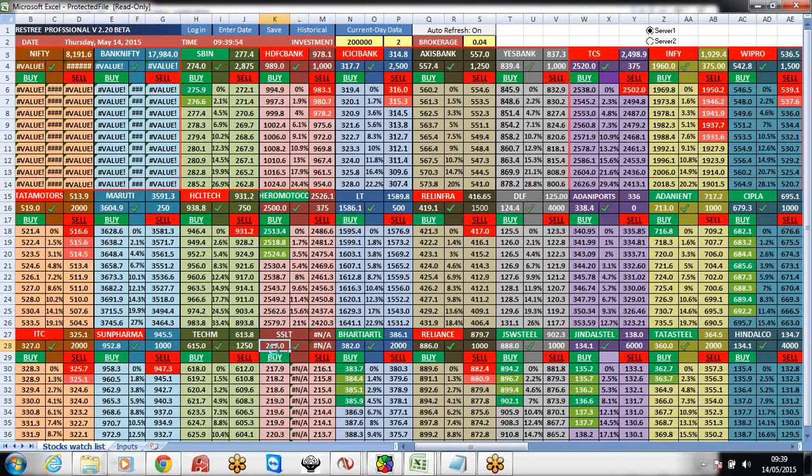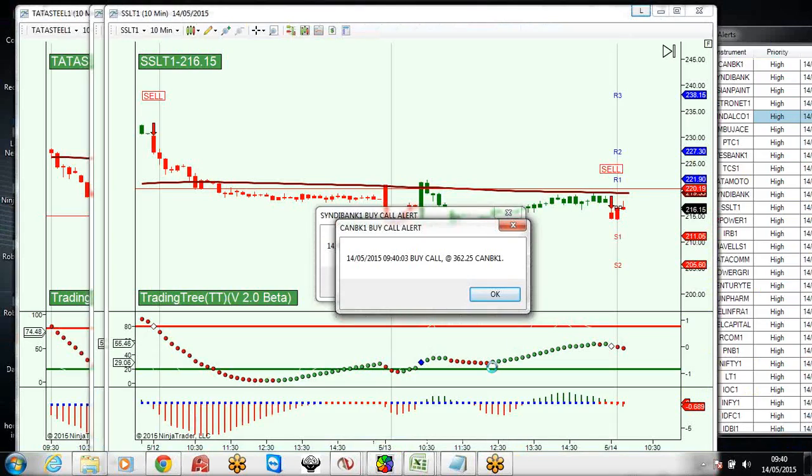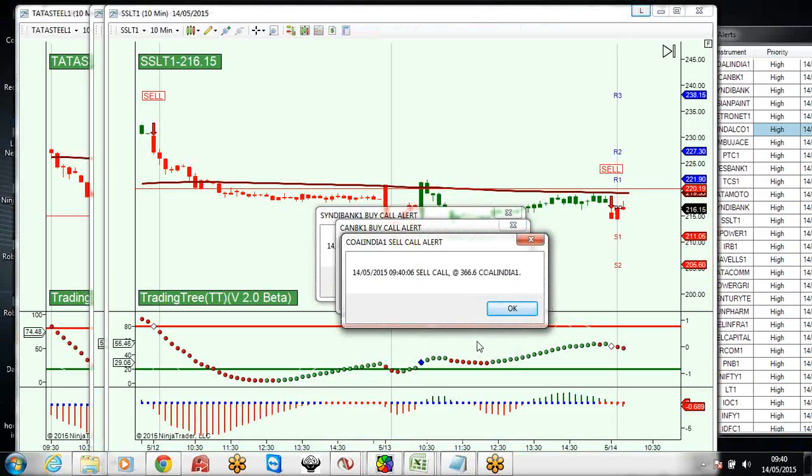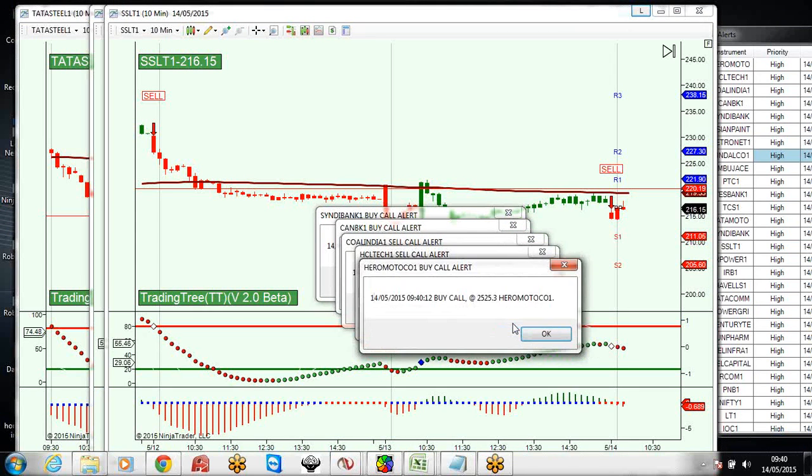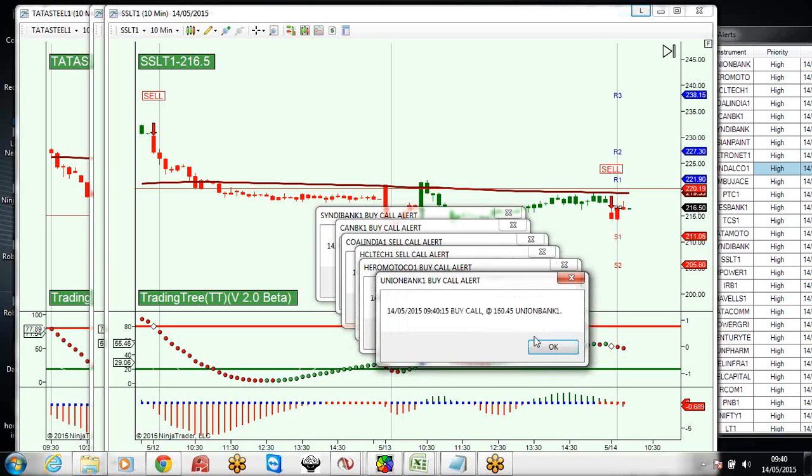Let's see, tech is a sell. There is a buy call in Asian Bank 1. There is a buy call in Conbeach A1. There is a sell call in 08L and I81. There is a sell call in HCLTECH. There is a buy call in Hero Motoko 1. There is a buy call in Union Bank 1. So PSU banks are up.